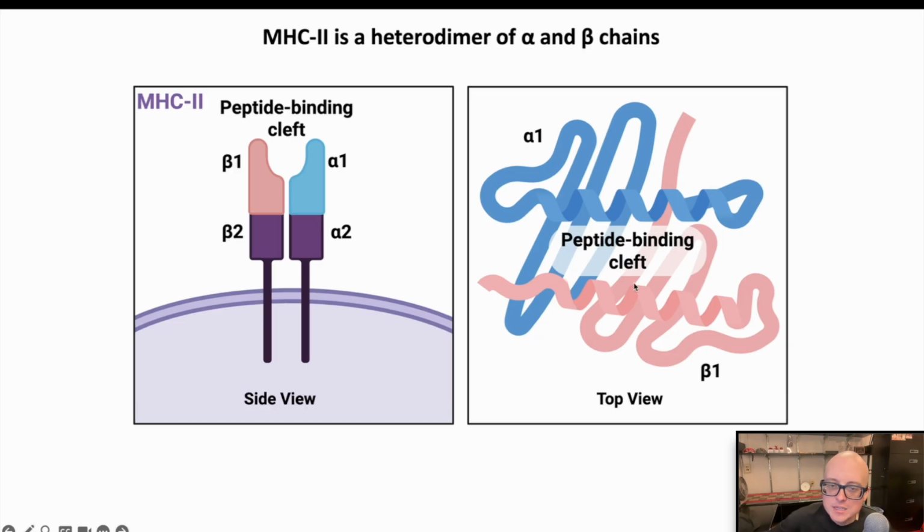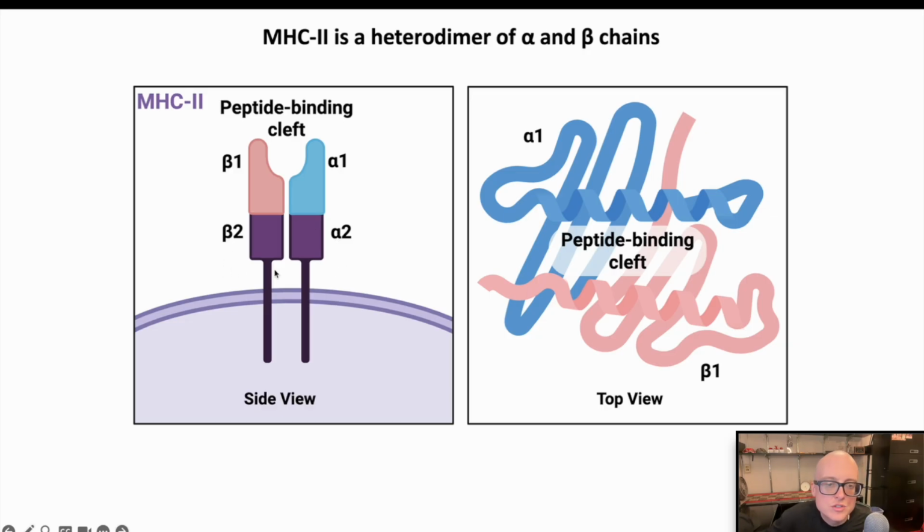And you can see a similar kind of structure emerges where you have these 2 helices, one from each subunit, and the peptide fits again nicely in between the 2, and that's where it's going to sit and be presented. So for MHC class 2, it's alpha 1 and beta 1 that make up the peptide binding cleft, whereas alpha 2 and beta 2 are, again, more similar to the constant regions of antigen receptors.